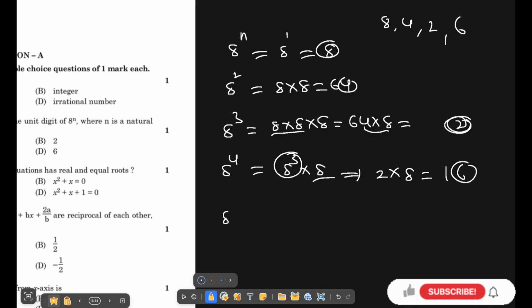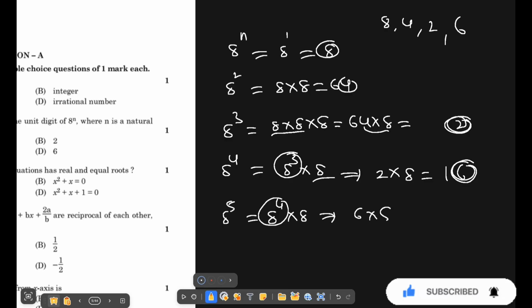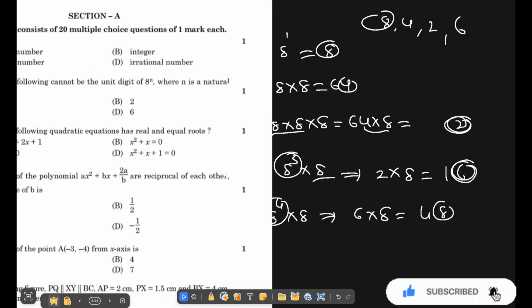Next, 8 power 5 means 8 power 4 into 8. The unit digit of 8 power 4 is 6, into 8, 6 8s are 48. Again it is ending with 8. So let's see the options.